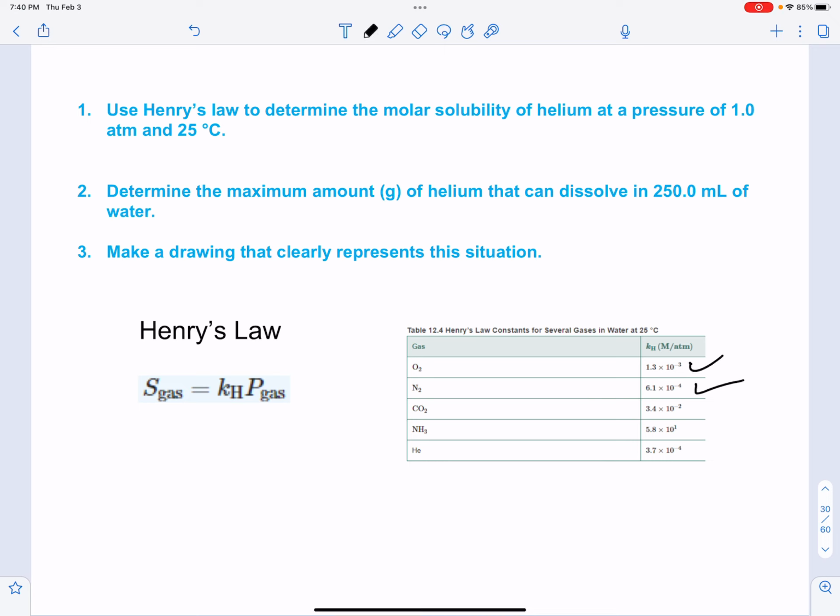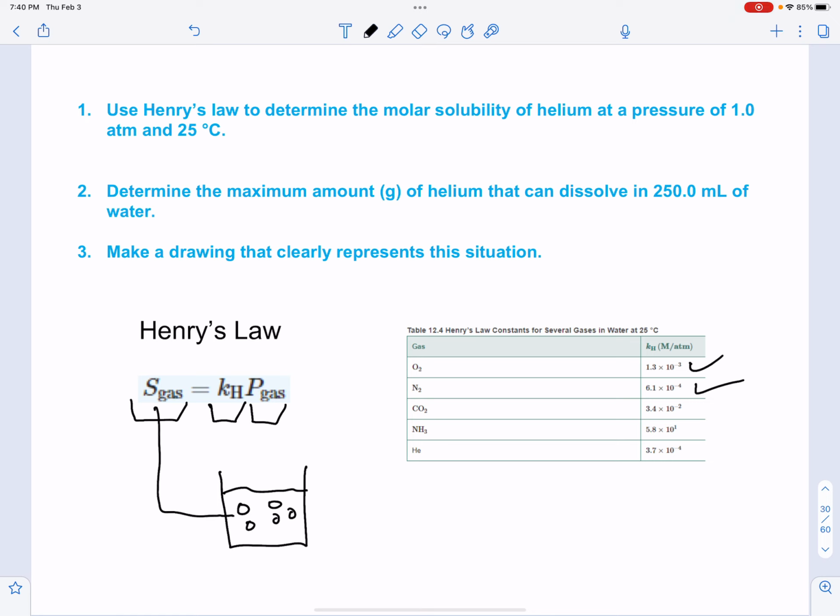So once more, Henry's law tells us how much is going to stay in the solvent, or in the water, based on this table of the solute. Each substance is going to have its own unique value for Henry's constant. And then this is going to be the value of the vapor pressure. So when I have a solution that contains a gas, the amount that is retained in the solvent is given by molarity.